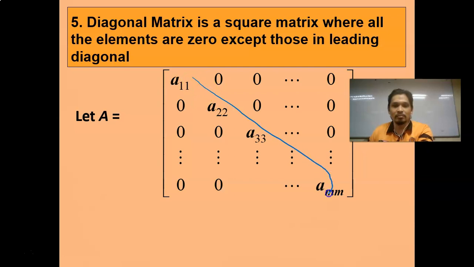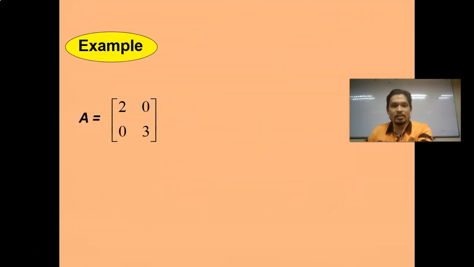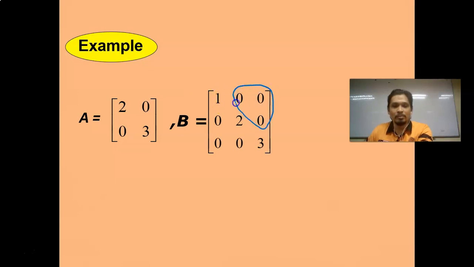Here in the example you can see the upper triangle zeros and lower triangle zeros, and the rest is a diagonal with elements which are not 0.